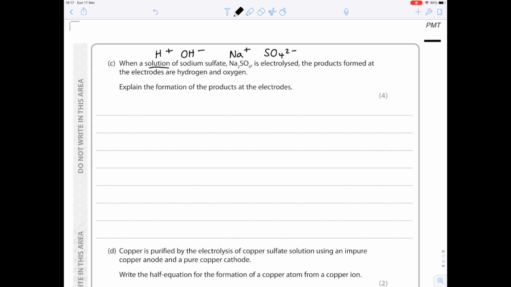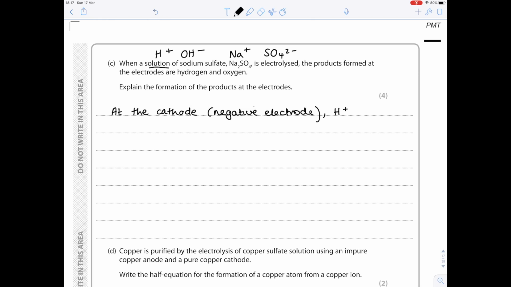Now, in terms of which of these ions discharges, let's take the negative electrode first of all, which is the cathode. So let's write negative electrode. Obviously, it's going to be a positively charged ion which will discharge because opposites attract. So you're picking between hydrogen and sodium, and you must remember that the least reactive element discharges.